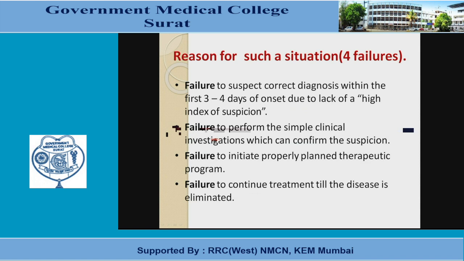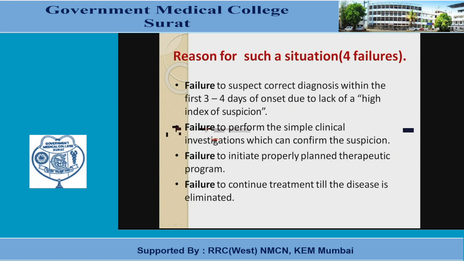First is failure to suspect the correct diagnosis, because we have seen in the pathogenesis how fast it reacts. By the end of 1 week after the infection, it leads to necrosis of the bone. So in the first 3 to 4 days we have to pick up the diagnosis.